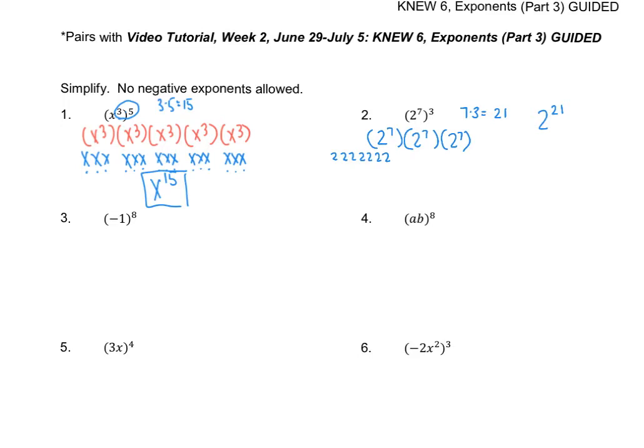That's 7. And then again, 1, 2, 3, 4, 5, 6, 7. That's 7 here, 7 here, 7 here, and that gives me 2 to the 21. So I was right on.